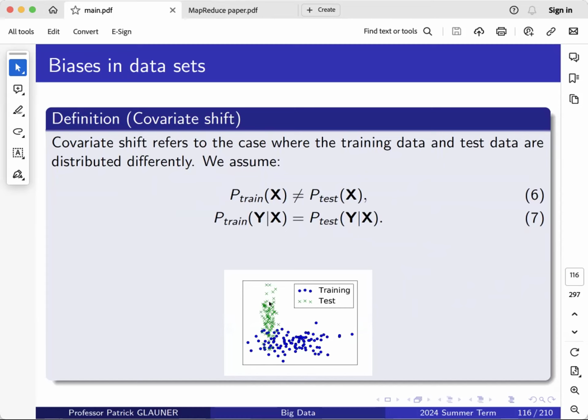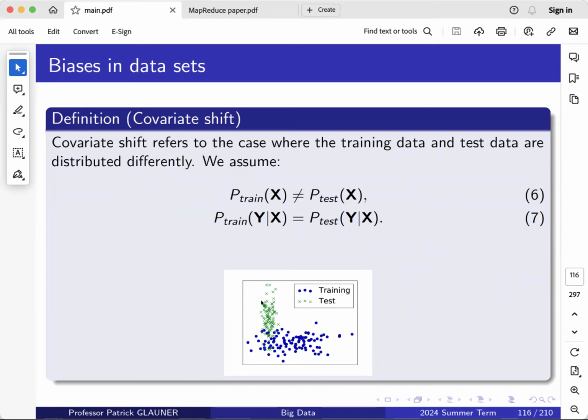So this time it's not about a label, it's just about how the training data is distributed in that space and how the test data is distributed in that space. And if I look at that, I see that training data is distributed quite differently to the test data. And this kind of bias is something we call a covariate shift.